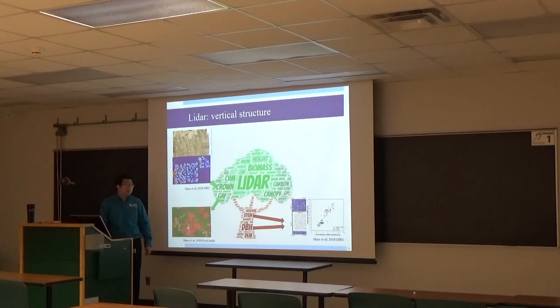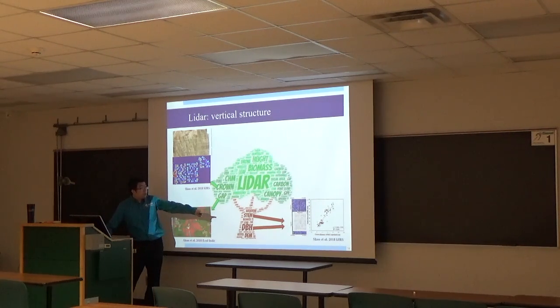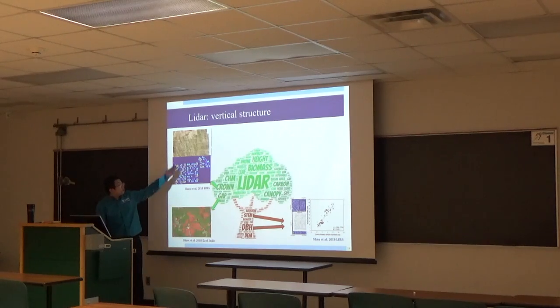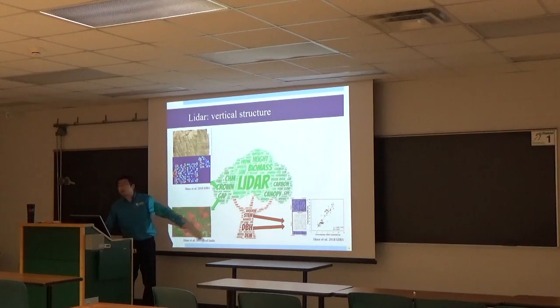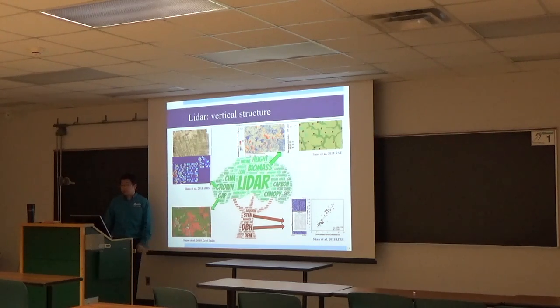And also you can get the stems and the DBH information after you have the crown, and you can get the crown relationship between the DBH and also the stem position of the trees. That will be suited for the remote forest inventory. And also you can get the biomass.